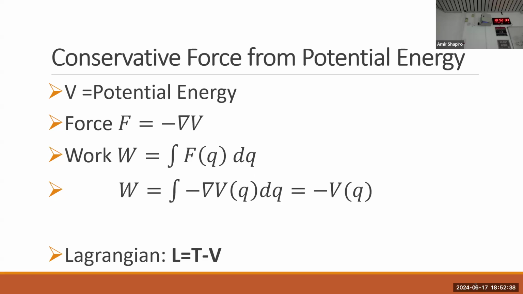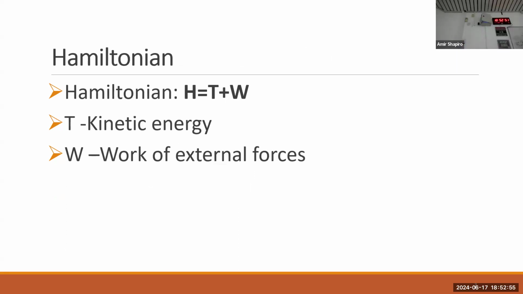And therefore, this is the work of the external conservative forces on the system. And now the Hamiltonian, that was the total energy, as you recall, T plus W. But W is the work of the external forces.